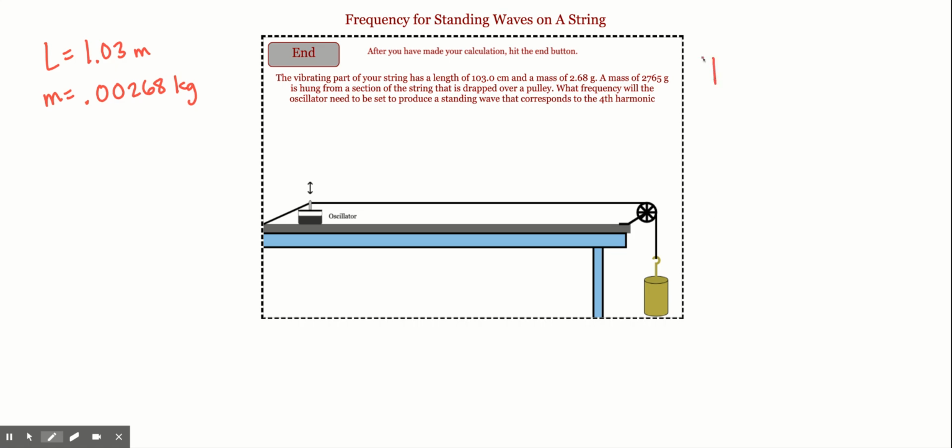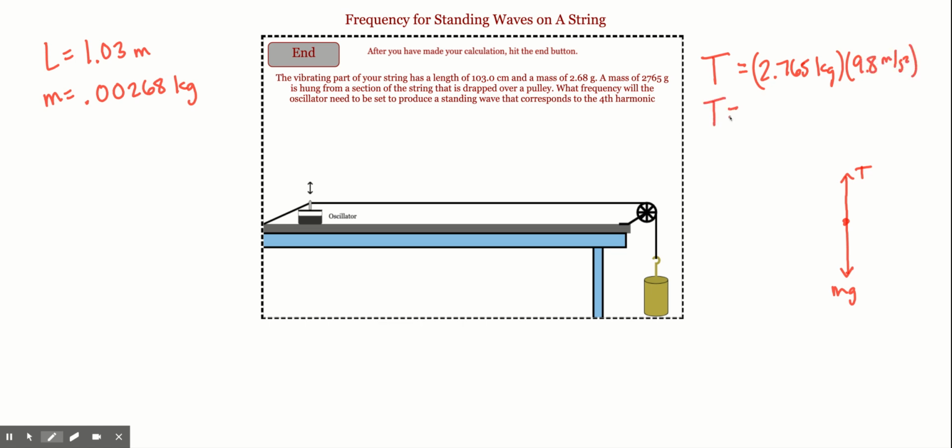So the tension in the rope, I know that the weight mg is pulling down and the tension in the rope pulls up, and these are equivalent. So tension equals mg. So what is mg? That'd be 2.765 kilograms times 9.8 meters per second squared.